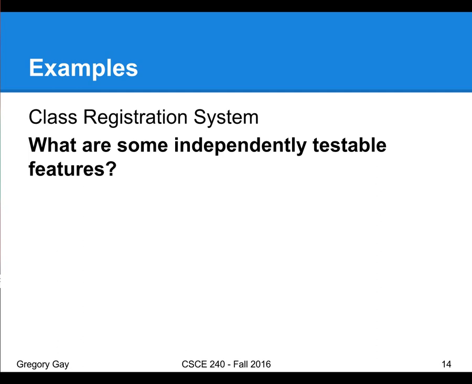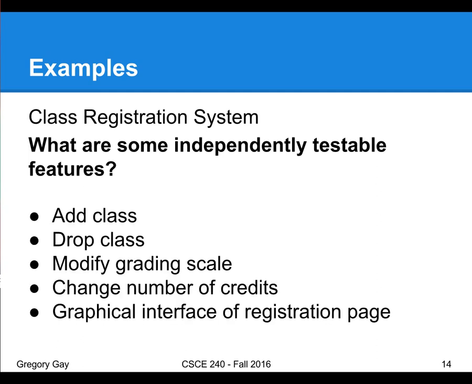Oh, lookup classes, sure, absolutely. Yeah, so lookup classes, add classes, remove classes, view account holds, right? Those are the kind of things you can imagine would be the features you test in such a piece of software, right? Maybe changing the number of credits or modifying your grading scale, right? So different options you could try.